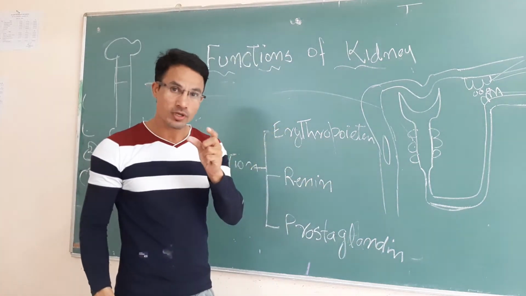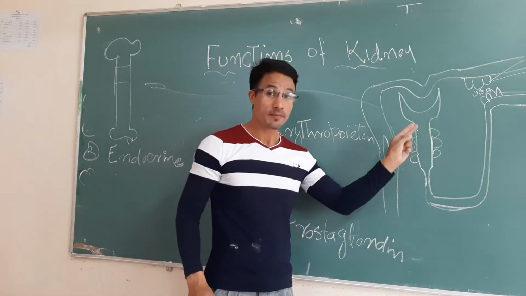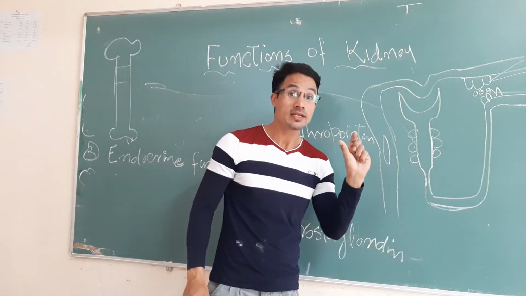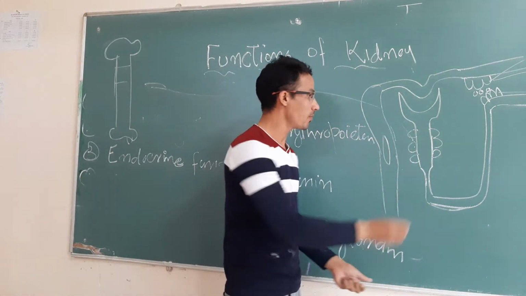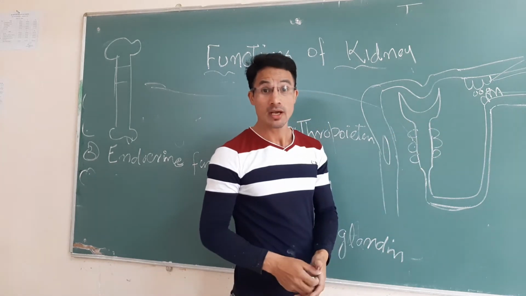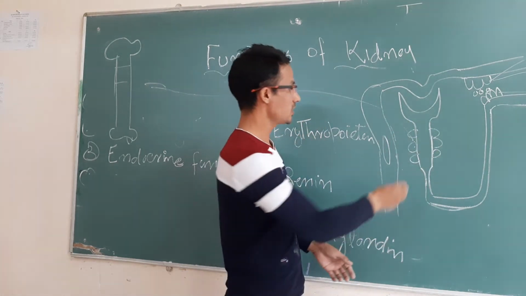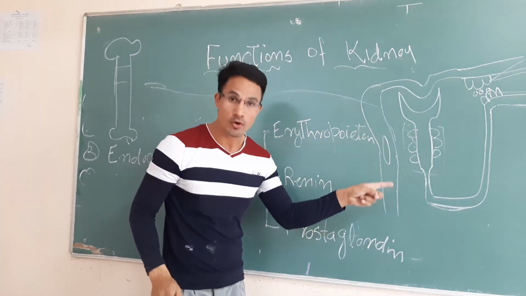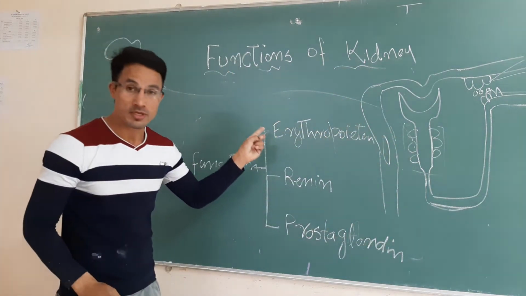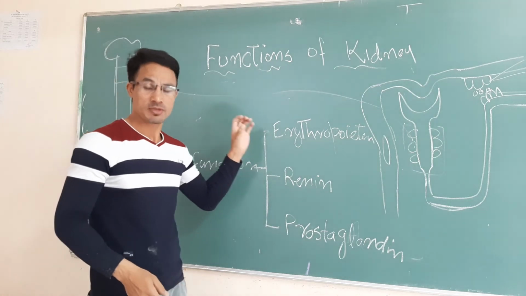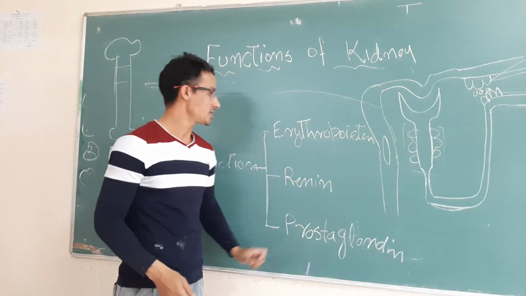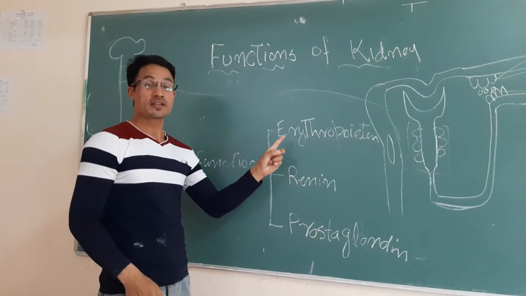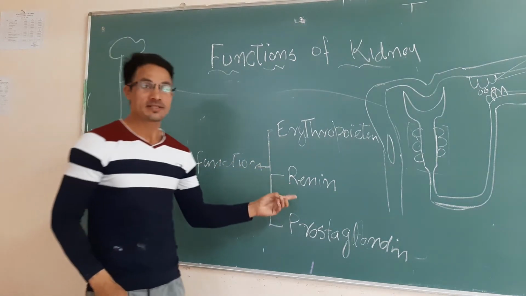It is secreted by the nephron, by a special part, the proximal convoluted tubule. This is where the erythropoietin is produced and helps the formation of the RBC. What is the RBC? Red blood cells. The second endocrine function is renin.